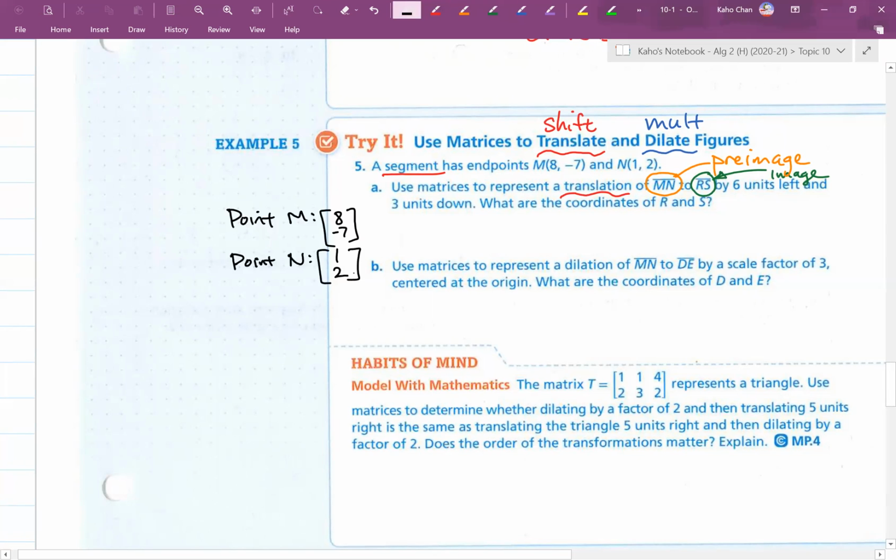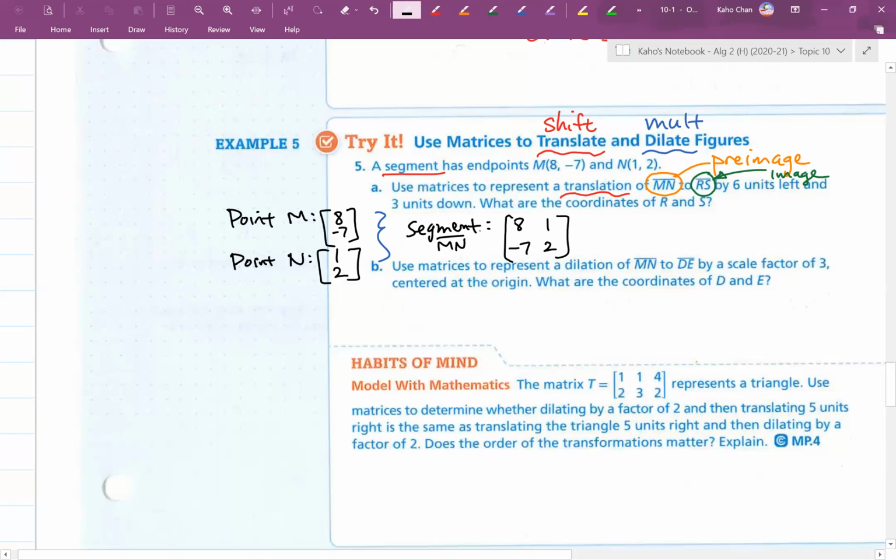We're now going to combine this together and make it into a segment. So the segment itself are the endpoints of MN. It's almost like we're inventing something. And here we go. I'm just going to put the two matrices together into a 2x2 matrix like this. Bam. This is segment MN.